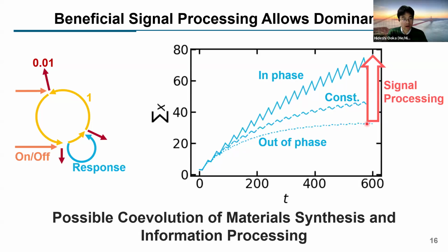I don't really know why one is better than the other, but this might be some kind of evolutionary selection. If you can do signal processing, if you can detect when the supply is here and turn on autocatalysis at that point, then nature will select that network.